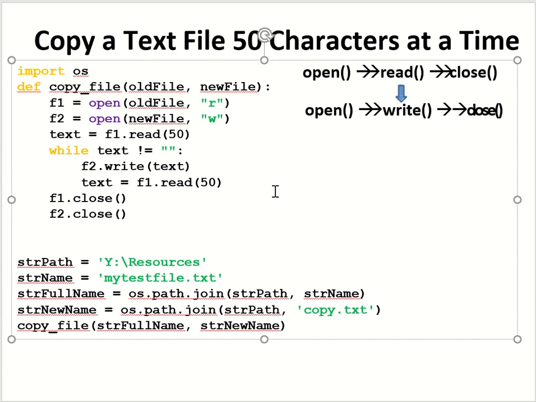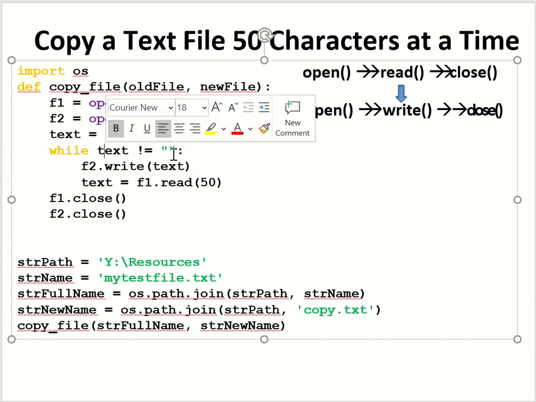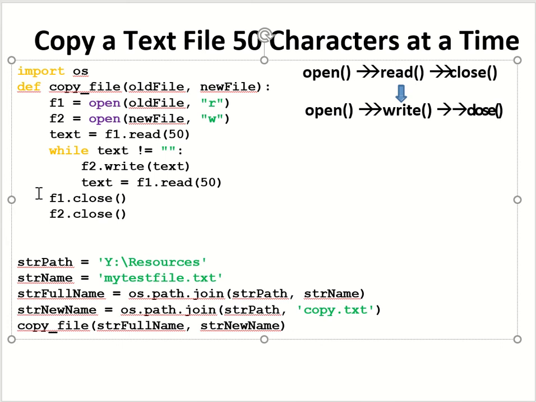And that'll go until there's nothing left to read. This condition will no longer be true, and the flow of execution will jump down here where the old file is closed and the new file is closed.